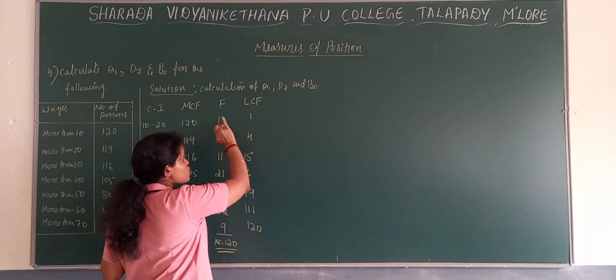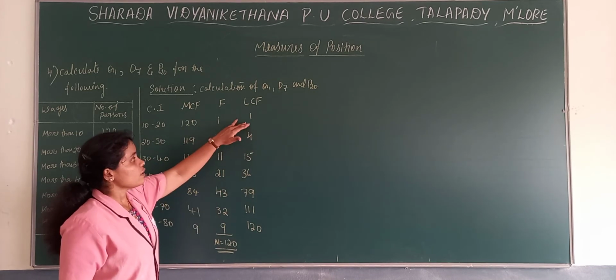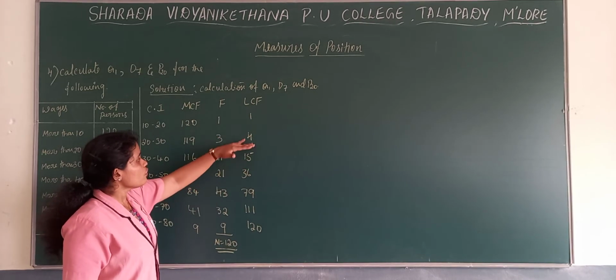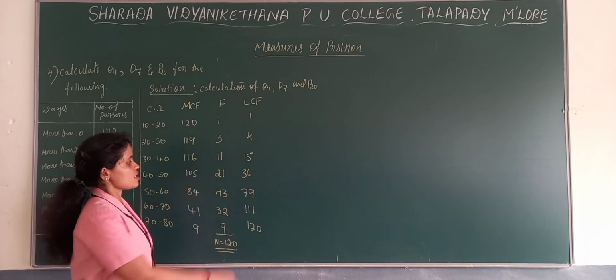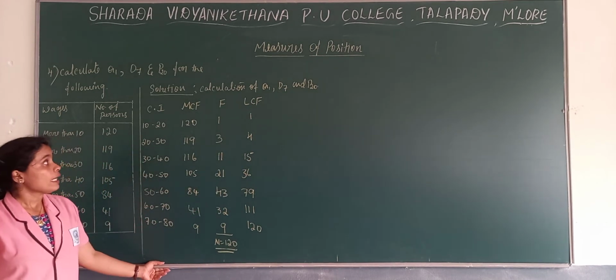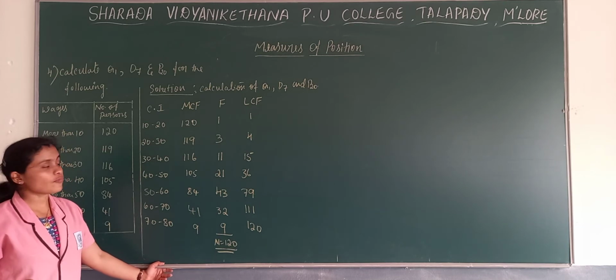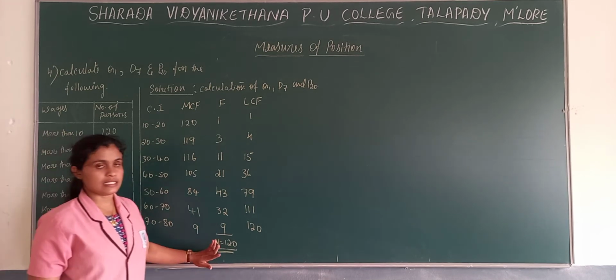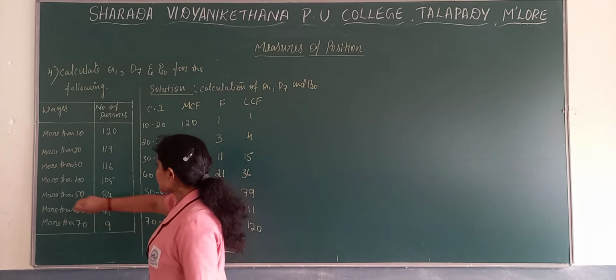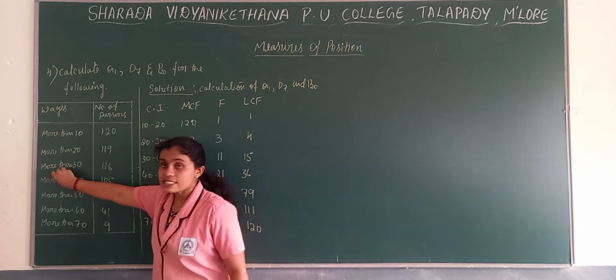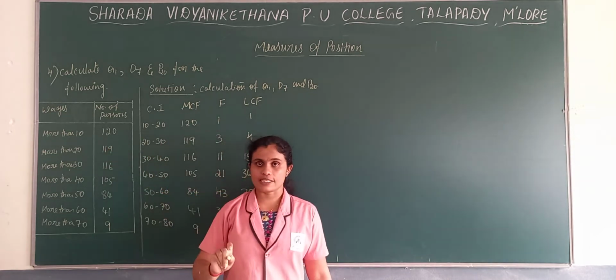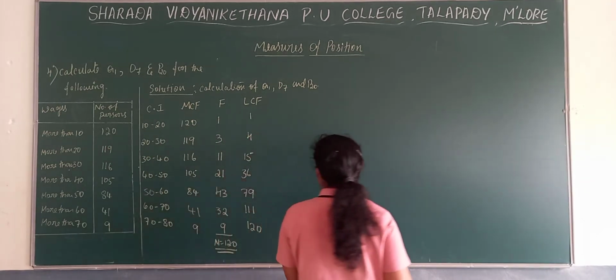LCF to frequency means the first value as it is, then 4 minus 1, 15 minus 4, 36 minus 15, 79 minus 36. So this is how to find frequencies from MCF and LCF. Firstly you need to identify: if it is more than, these are MCF. If it is less than or below, it is LCF. Now we'll move towards the problem.